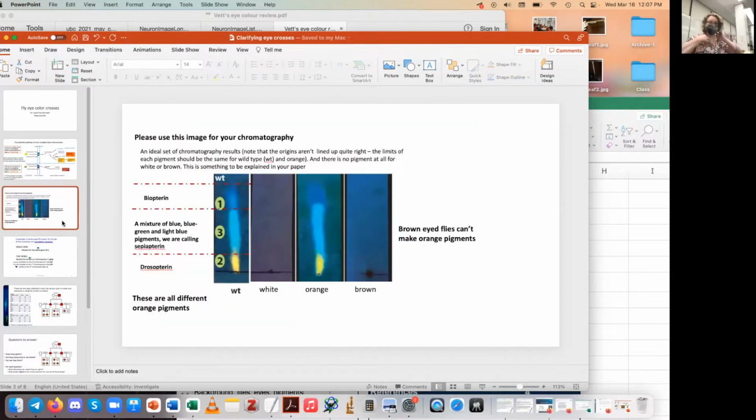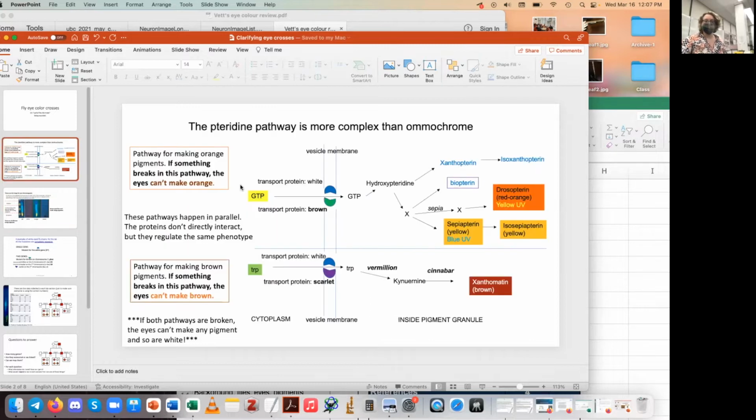This is the example that she has given us for the chromatography. She wants us to use this image in the paper. All of these three, biopterin, sepiopterin, and drossopterin, are in the orange pathway.